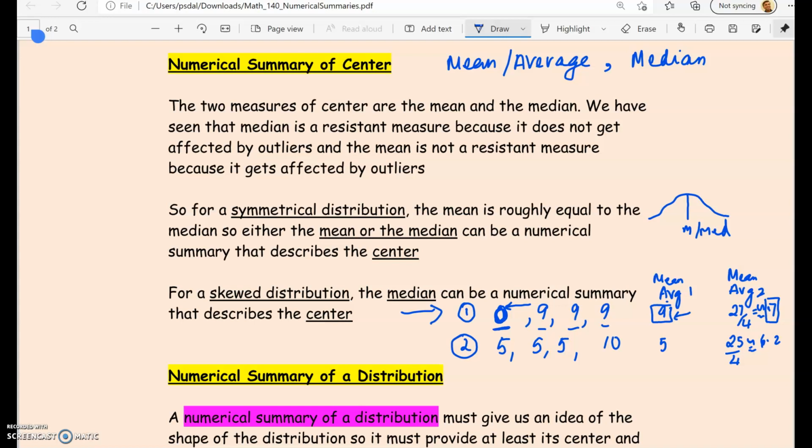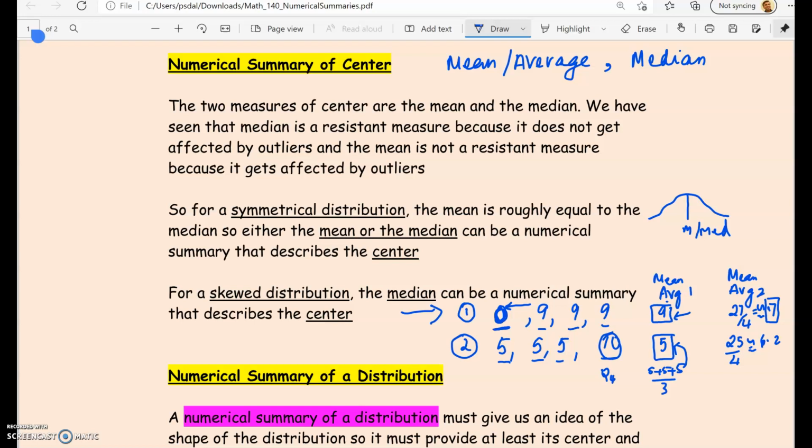Now, suppose you scored 5, 5, and 5 on the first 3 quizzes. Your average on the first 3 quizzes was a 5: 5 plus 5 plus 5 divided by 3. However, if on the 4th quiz you scored a 10, clearly your average is going to increase from a 5 to roughly a 6.2.